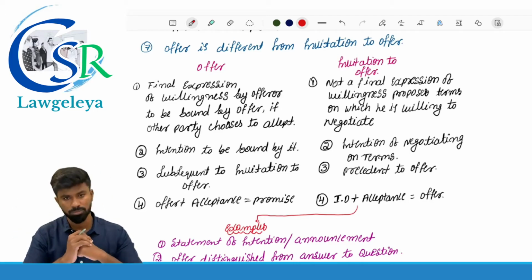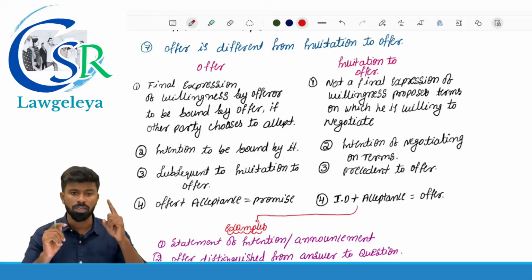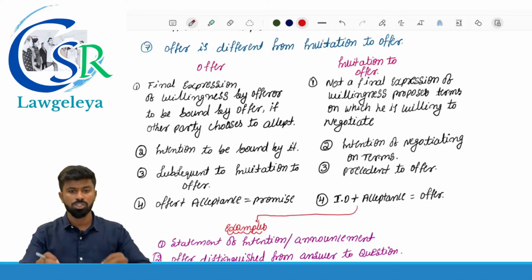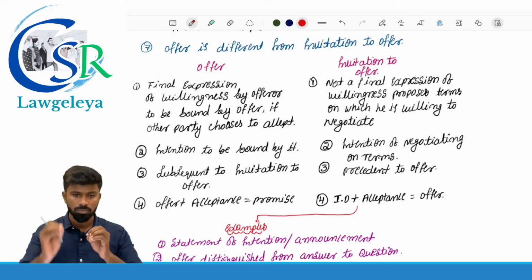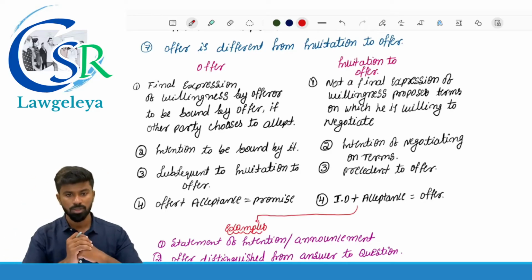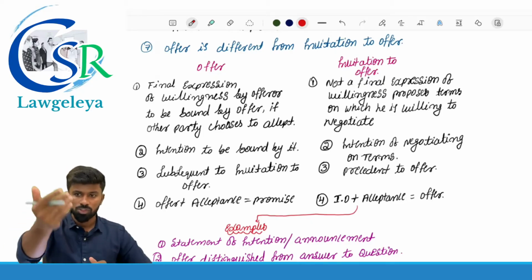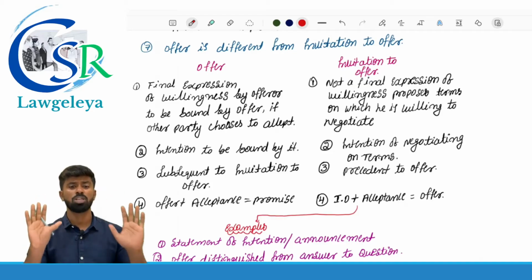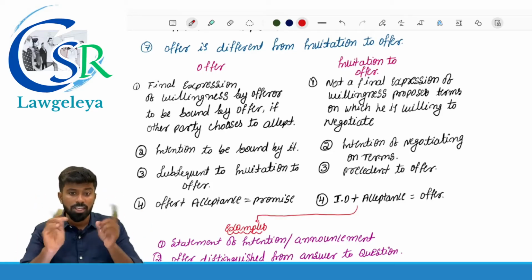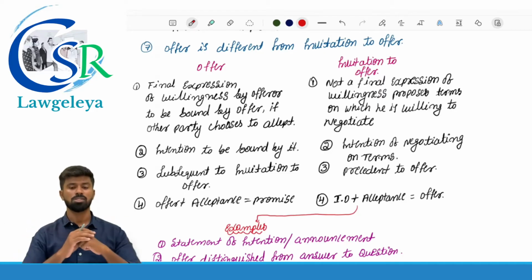So what is offer? Offer is the final expression of willingness. Keep this in mind. Offer is the final expression of willingness by the offerer to be bound by the offer if the other party chooses to accept it. And if the offeree chooses to accept it, who has the intention to be bound by it? Offerer. But in case of invitation to offer, it is not a final expression of willingness.